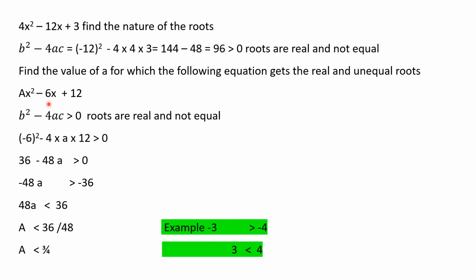What is b here? Minus 6, the whole square, minus 4 into a into 12, is greater than 0. By using this, we are going to find out a. You see, minus 6 square is 36, minus 4 12s are minus 48a, should be greater than 0.